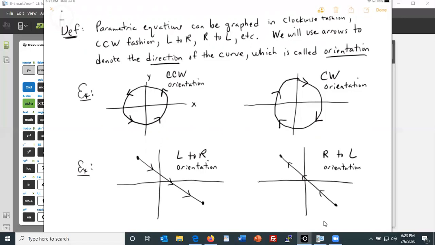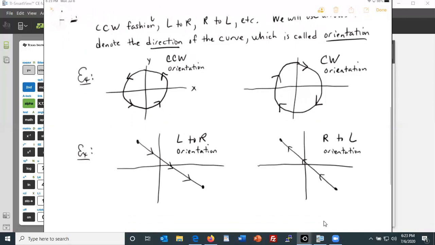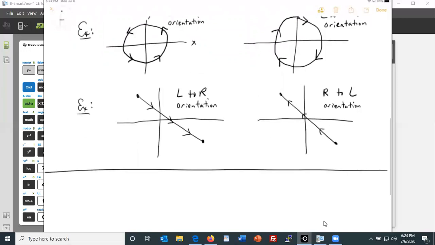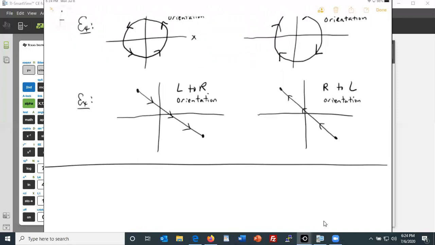You can convert your regular function to a parametric equation and vice versa. So there's a lot of things that we can do here with these things. All right, so the first thing we're going to be doing is graphing parametric equations.